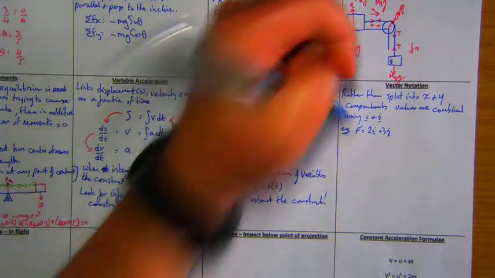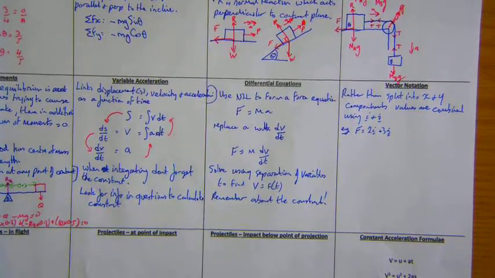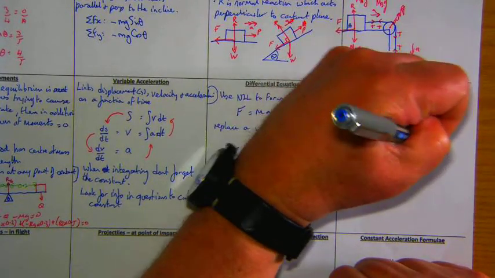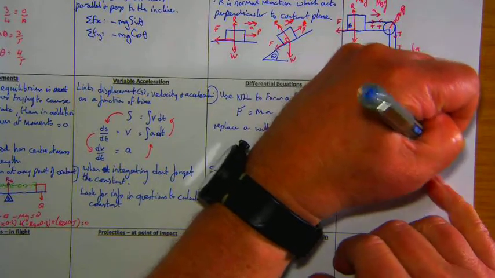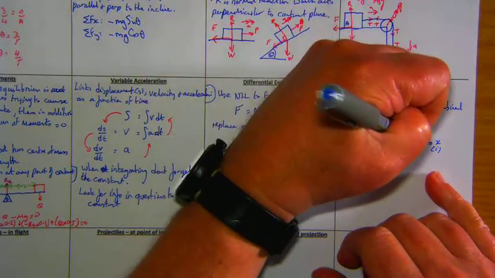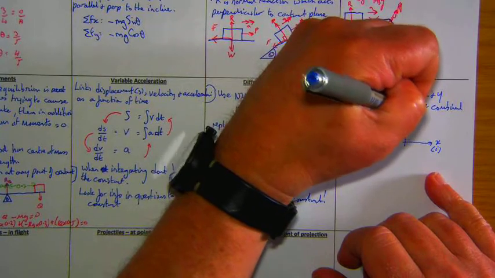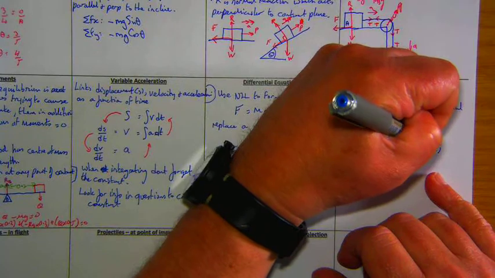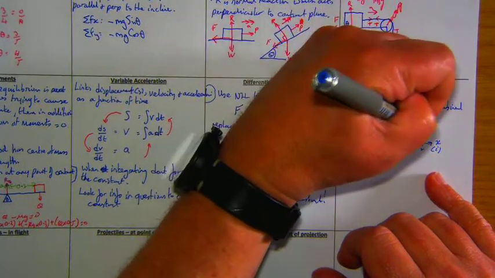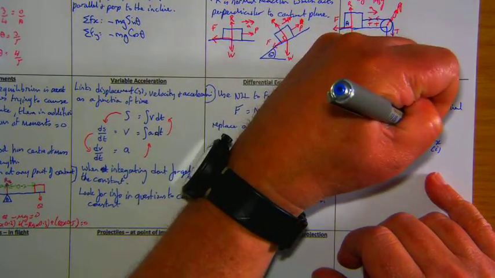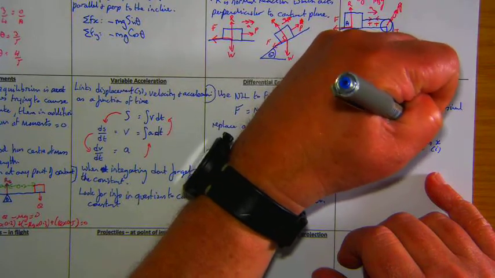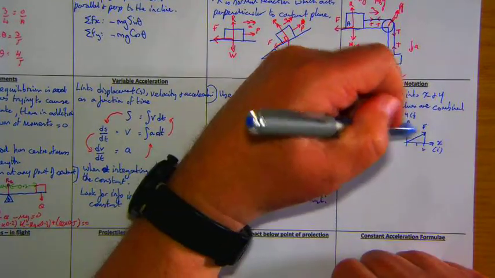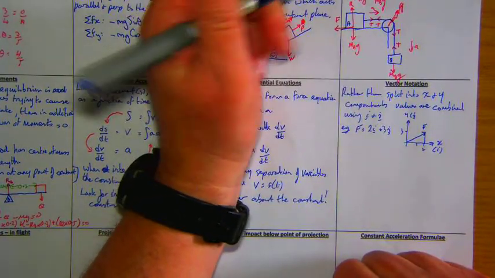And what that means is that on the x-axis each unit is an i, and on the y-axis each unit is a j. So this force is going 2 in that direction and 3 in that direction. So 2i plus 3j would be represented on a graph looking like that.